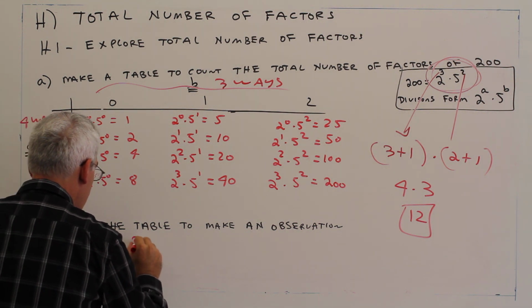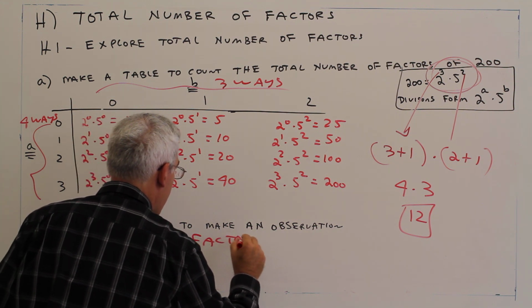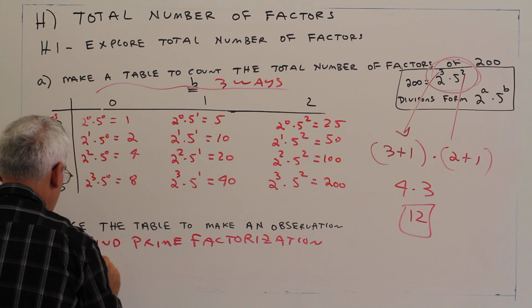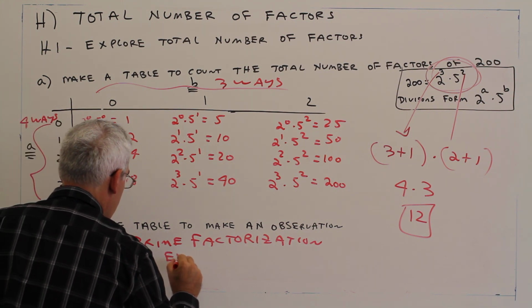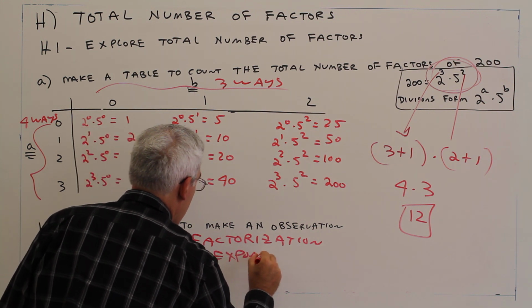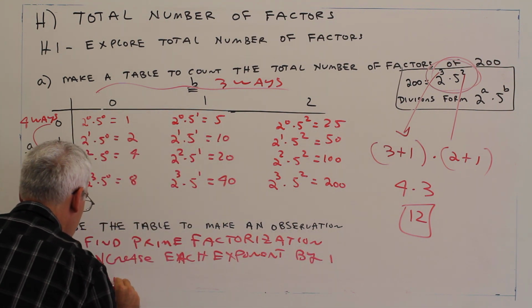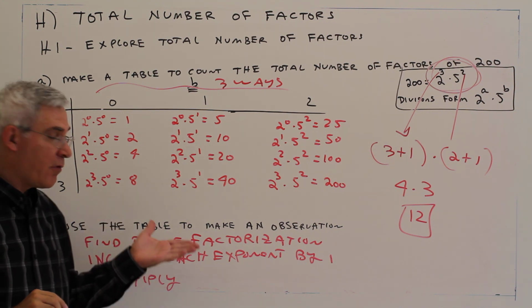Find the prime factorization, increase each exponent by 1, and then multiply. So those are the 3 steps.